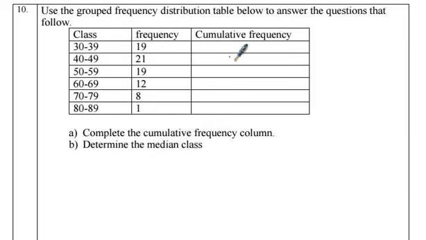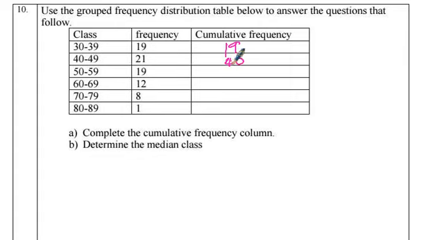All right, so what is cumulative frequency? Cumulative frequency simply means, the way we get it is when we add the frequencies as we go along. So how do we do that? This is 19, so my first cumulative frequency should also be 19. To get the next one, I add 19 plus 21, which gives me 40.